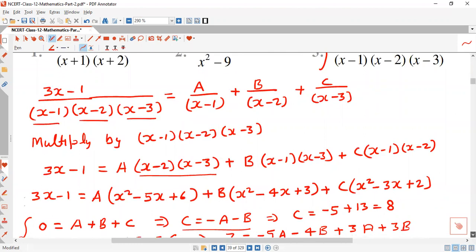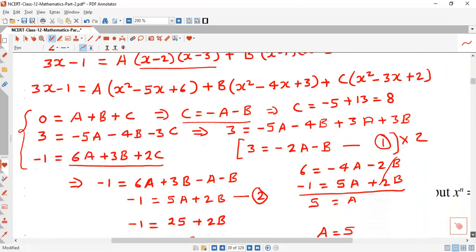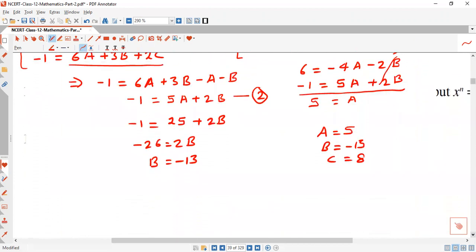Now taking the integration, a upon x minus 1. You see the first integration becomes a upon x minus 1. a is 5. Integration of 1 upon x minus 1 dx. Now b is minus 13.